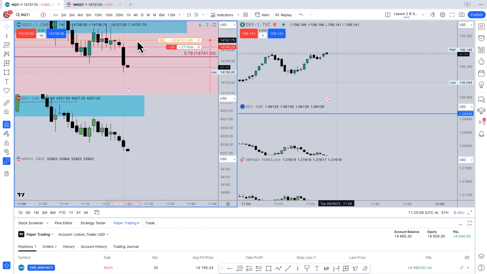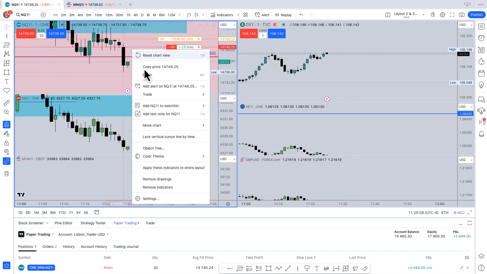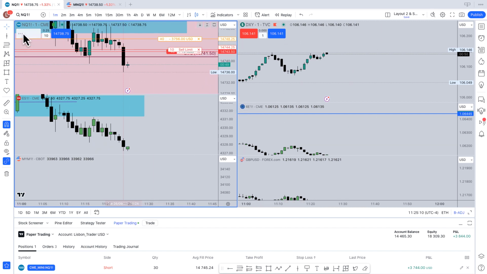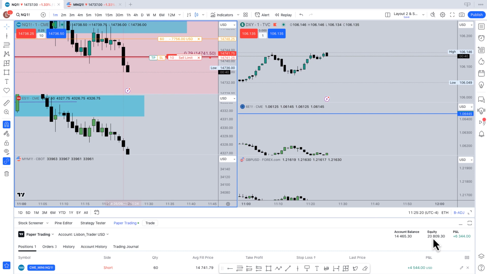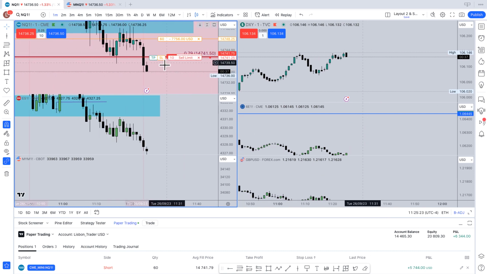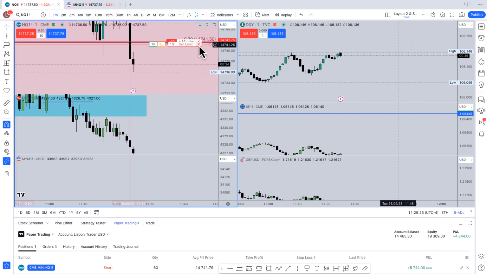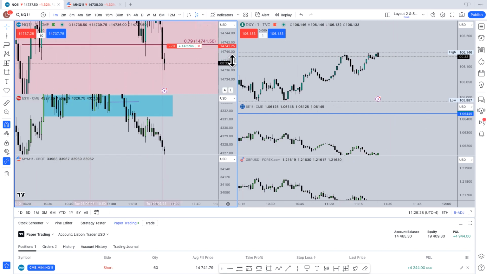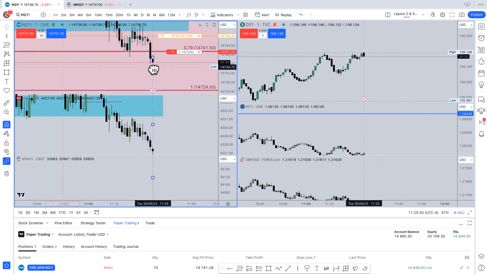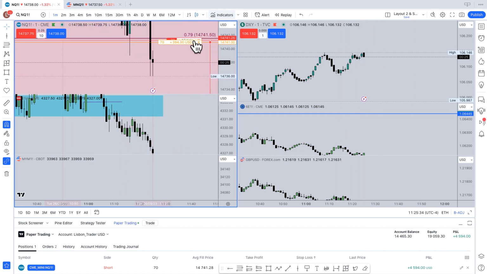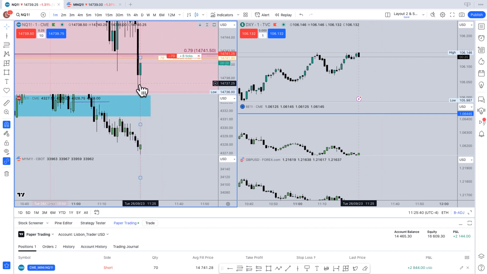Now put my stop there, buy some more. Sorry, sell. I mean sell. So we are 19. Okay. It's just diving. Now it starts to dive, so 11:25. Unless it wants to pivot. In this case I'm protected with this stop.